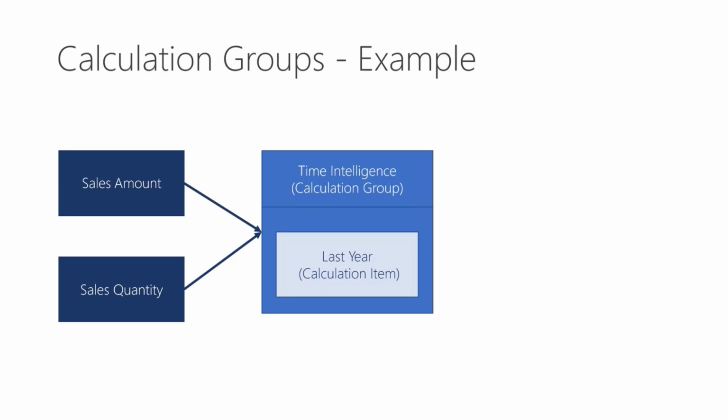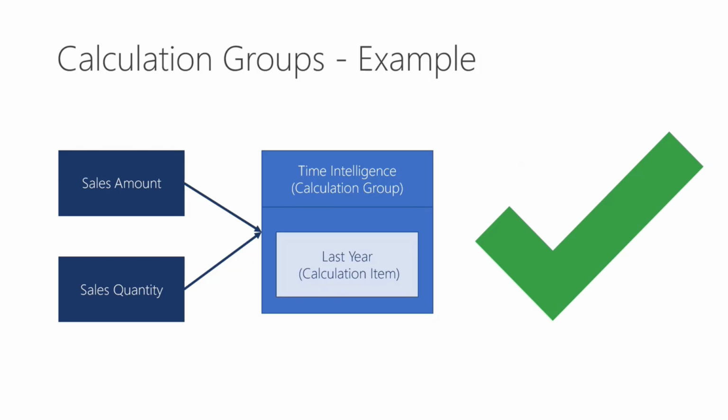So whenever the business users want to analyze the data with this year's sales amount and last year's sales amount, the sales amount base measure would simply refer to the last year calculation item, and the last year analytics would be provided with that. Same thing with the sales quantity as well. So this is typically how you would go about such a requirement in Power BI with calculation groups.